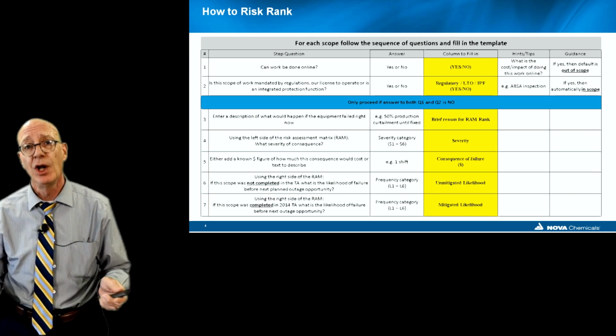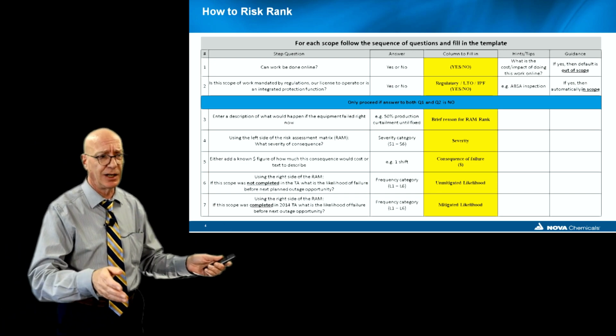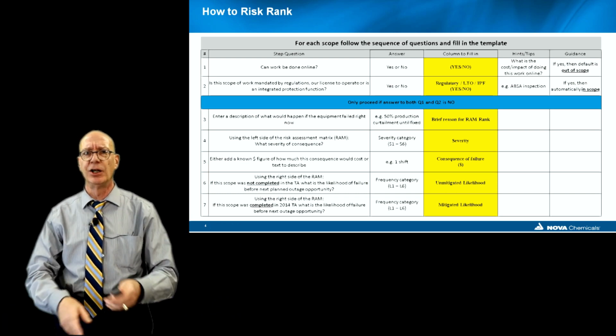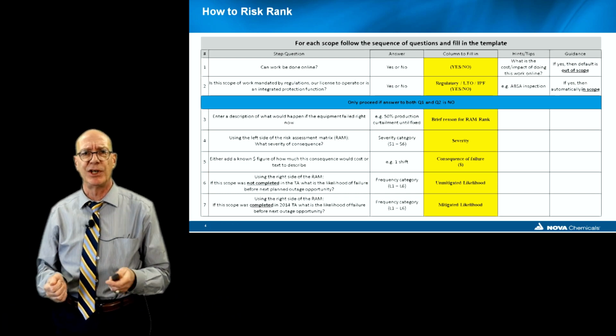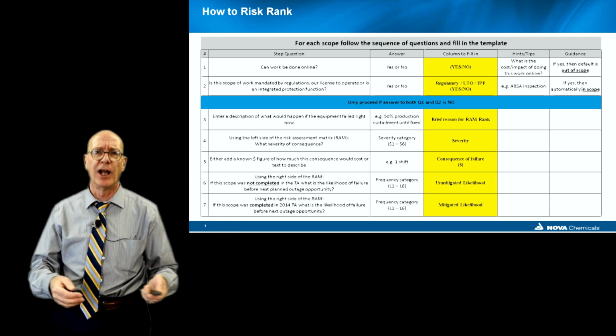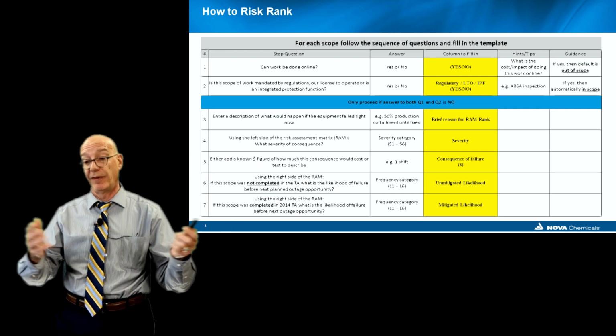Usually we would expect that we'll come into it with like an L3 likelihood, we'll complete the turnaround on that piece of equipment, and that'll give us, for the next 4 years, an L1 probability, and that becomes our gain.